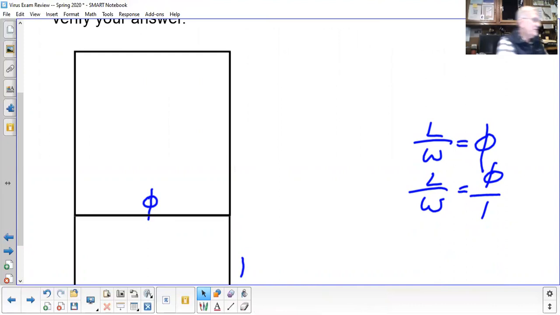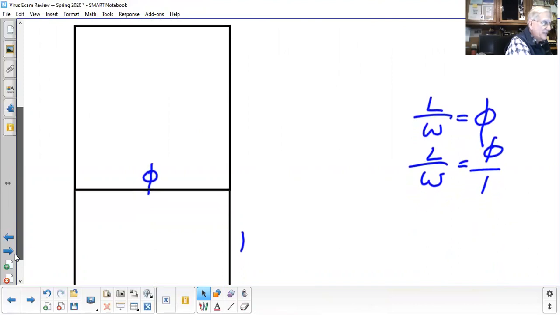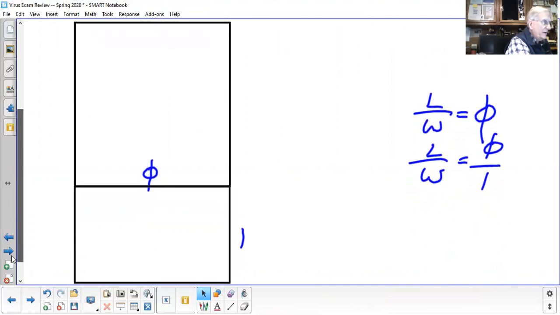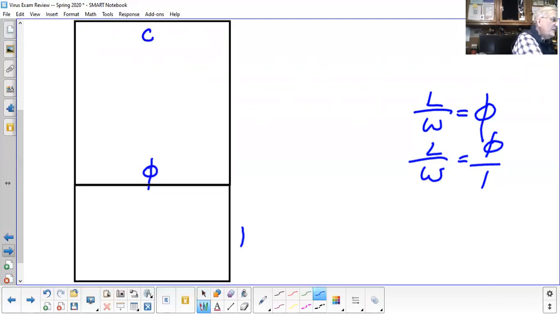Now you'll notice, it's kind of hard to see this because I have a very large picture here in front of you. But notice, if that's a square I put on top, aren't its dimensions for the square phi here, phi right there, phi right there, phi right there?